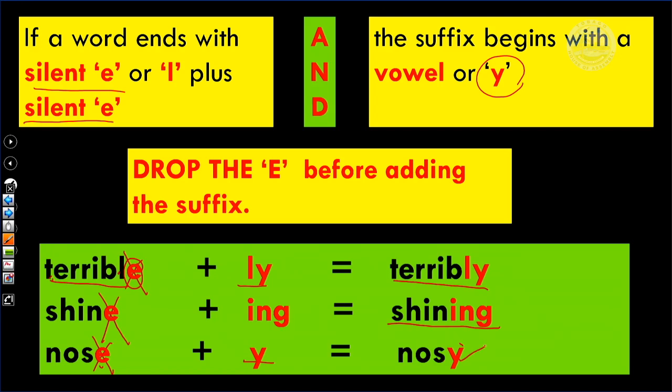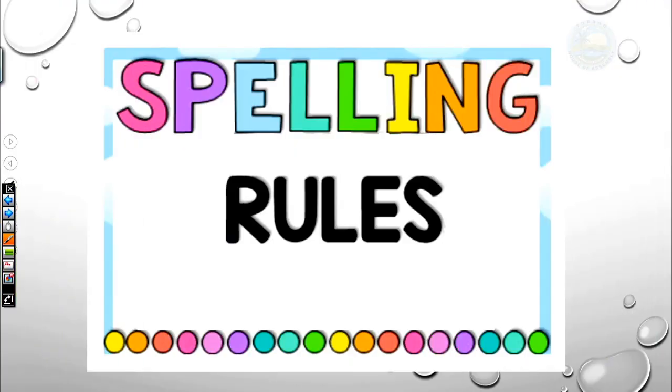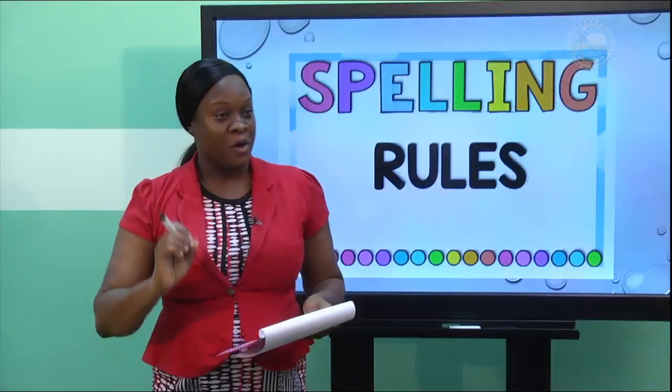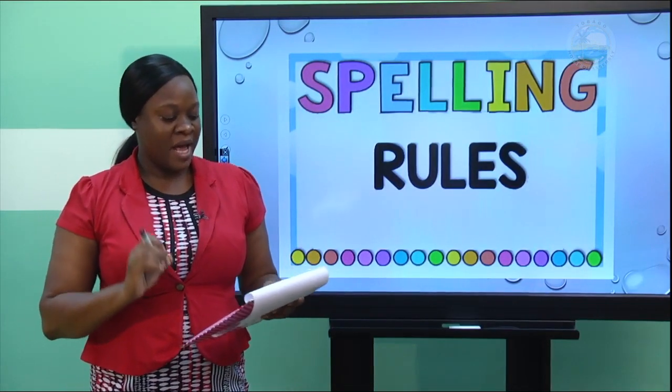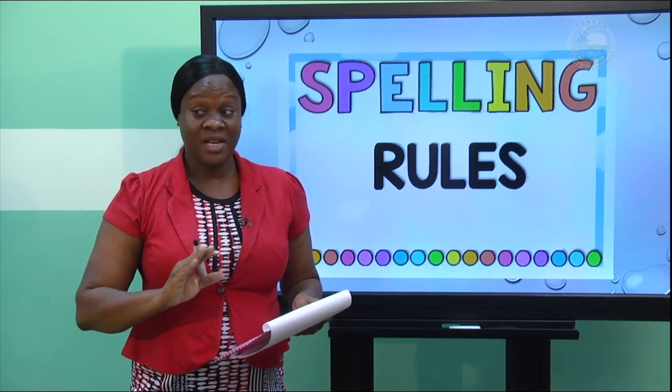We are now going to do our next spelling rule. Again, remember, listen to the clue and tell me the rule. So make sure you are listening. When the suffix full is added to a word, what happens next is really absurd.